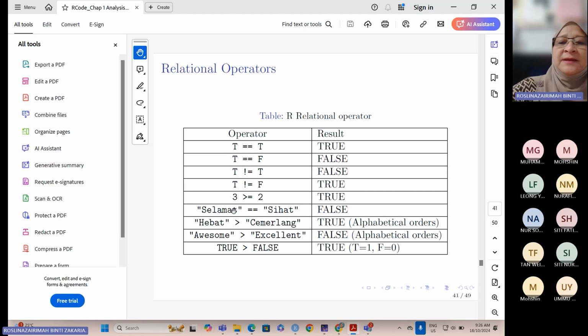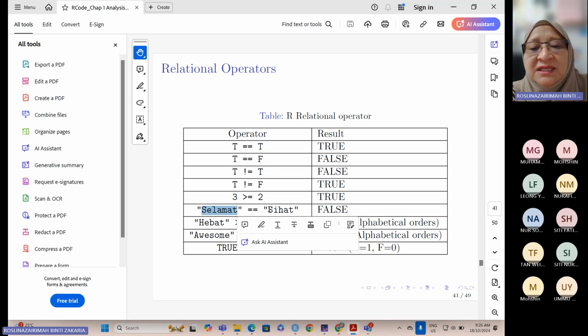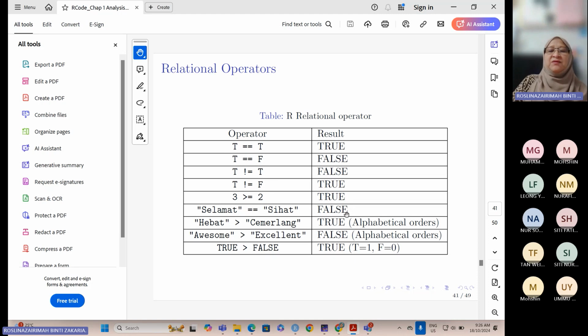What about when we have text, we can also compare. Now, selamat equal to sihat. These two character strings are not exactly the same, so it is false. Selamat is not equal to sihat, so the result will be false.